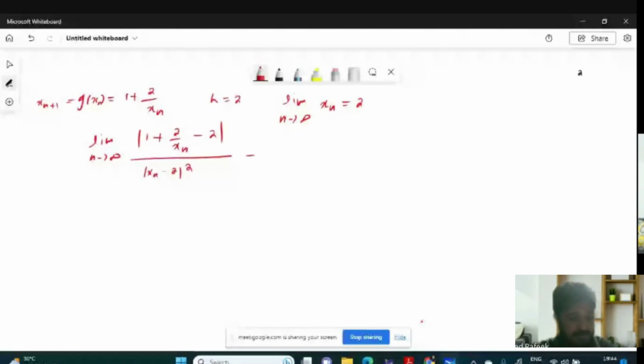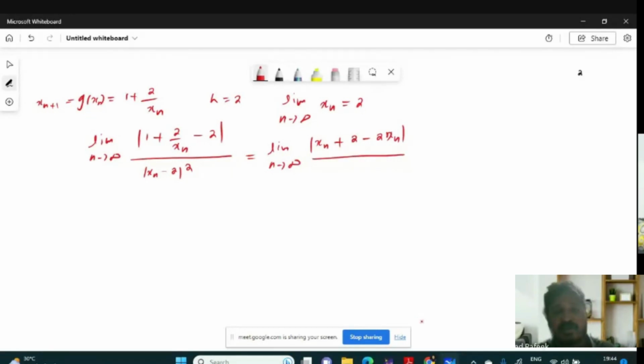Limit n tends to infinity. Take mod xn as the LCM. So in the numerator, xn plus 2 minus 2xn. That xn you can take as the denominator: (xn minus 2) whole square into mod xn. Then it becomes limit n tends to infinity of (2 minus xn) divided by modulus of (xn minus 2) whole square into mod xn.